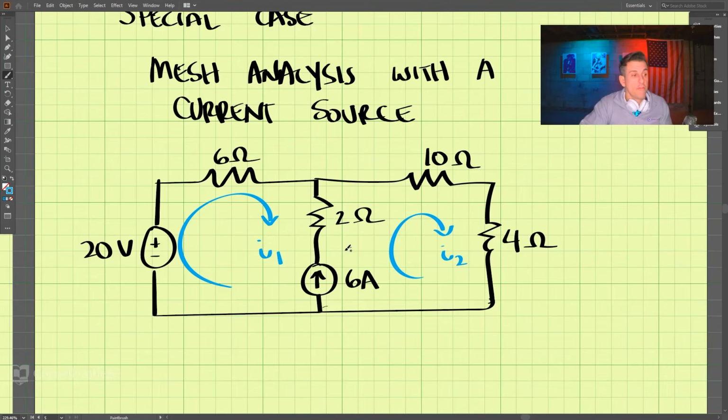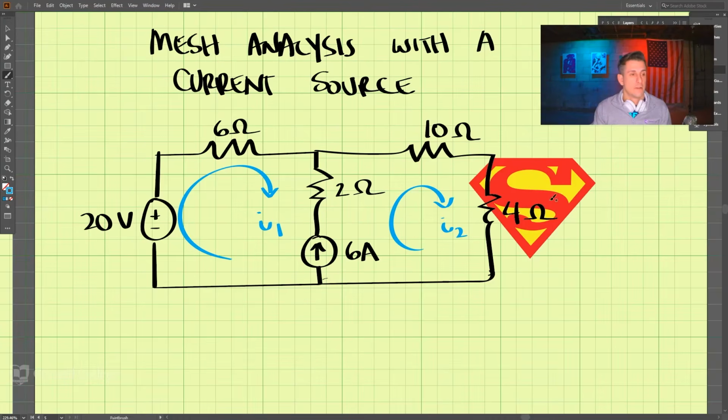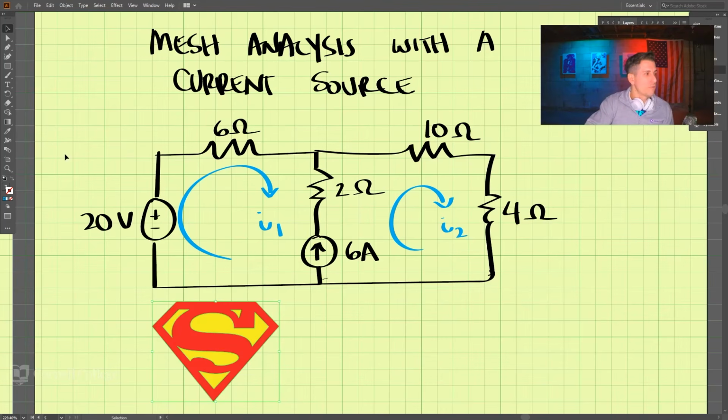We do not know the voltage across this current source. So how do we solve this? Well, what we do is we create a super mesh. We had supernodes, and now we are creating a super mesh.